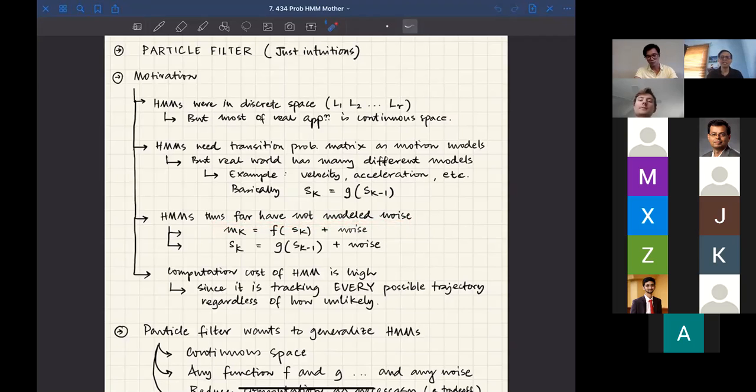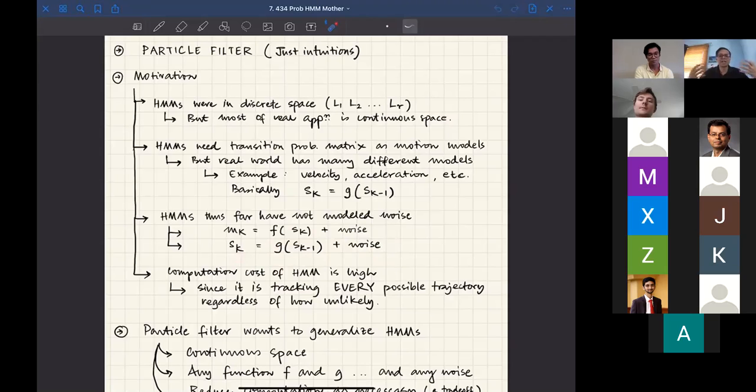But in reality, any measurement will have noise. Your state transition probability may not be accurate. It might be noisy. So in general, you want your measurement to be some function of the state plus noise, and your state transition to be some function of the previous state plus noise.